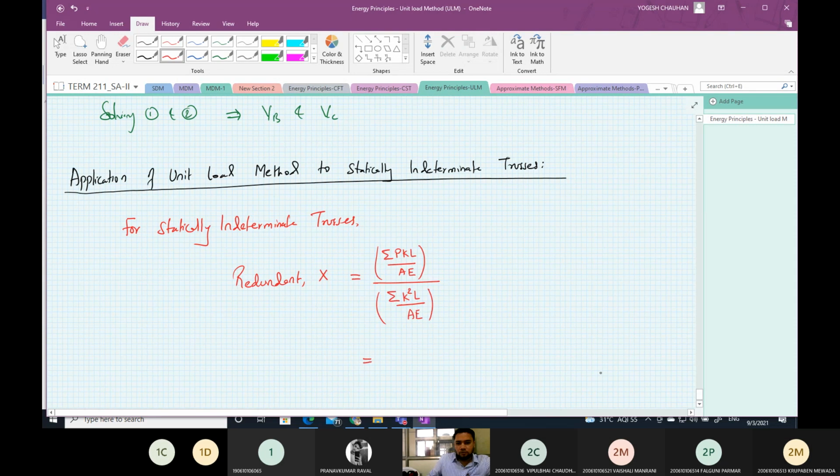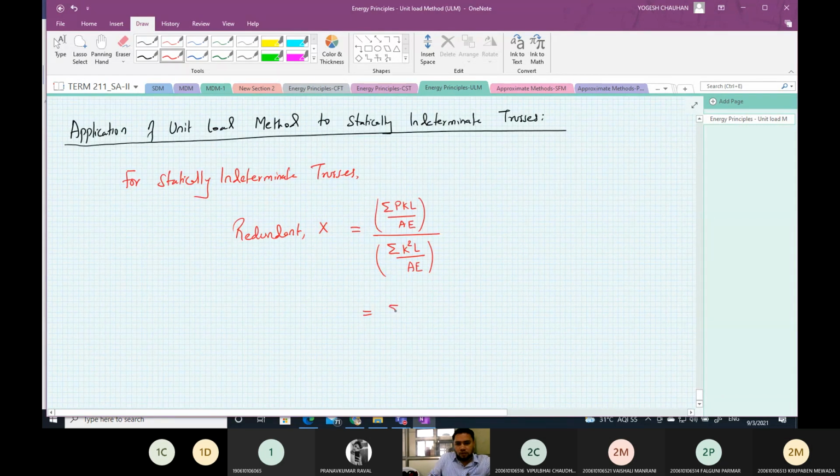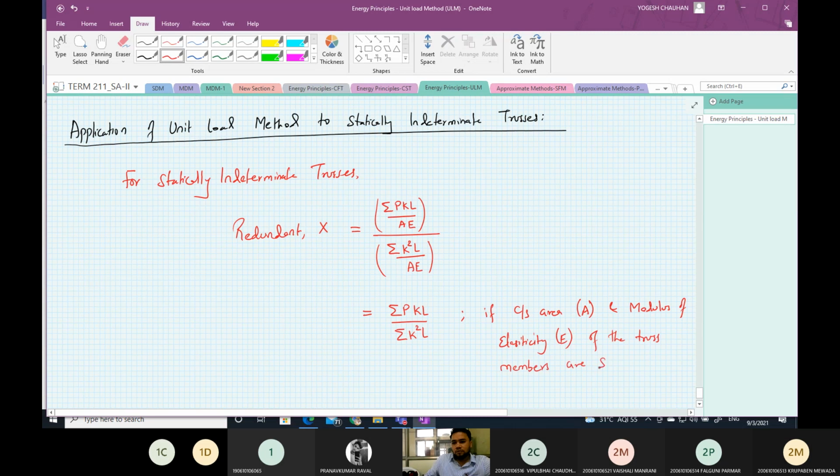Now this expression will reduce to sigma pkl by sigma k square l if the cross section area A and the modulus of elasticity E of the truss members are the same.